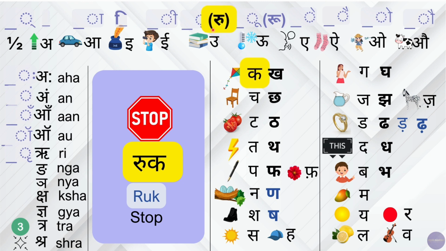O. So it's ru. And then kite ka joins to make the sound ruk. Ruk. Remember, ru and ru do not follow the add-on symbol rule. Next word.